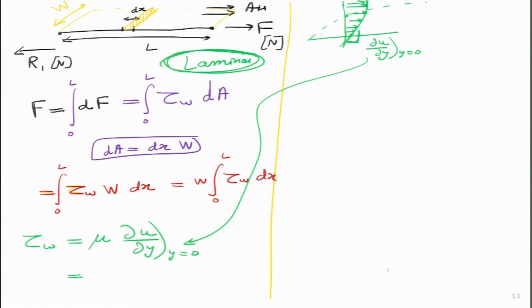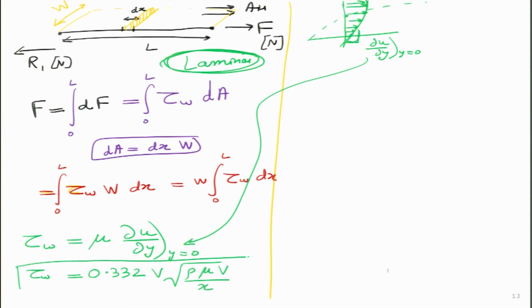So, this expression turns out to be 0.332 capital V, and then in the square root we are writing rho mu, the dynamic viscosity of the fluid, V by x.